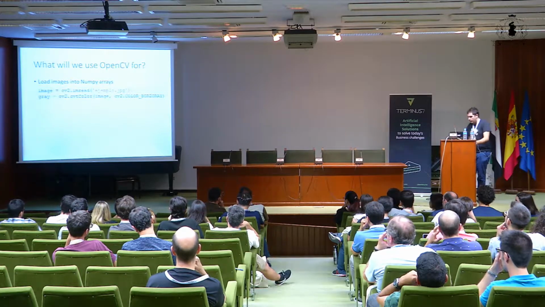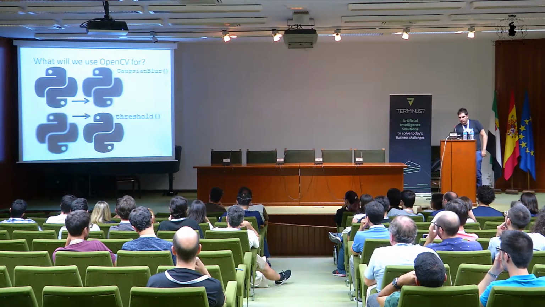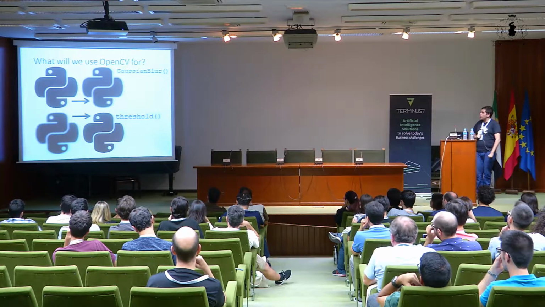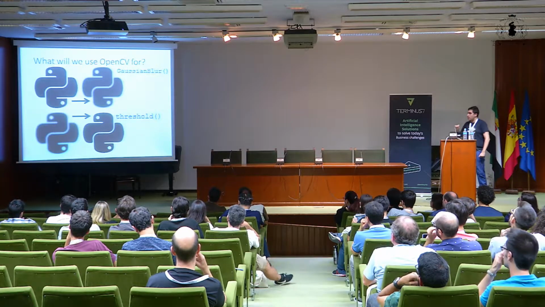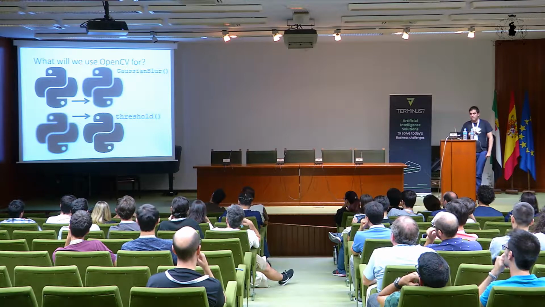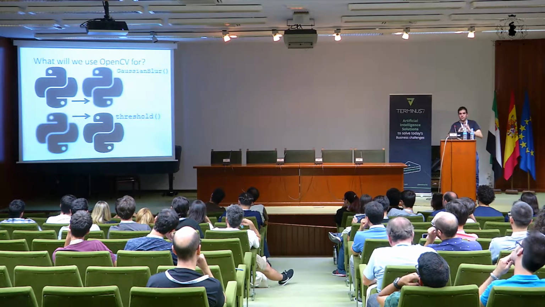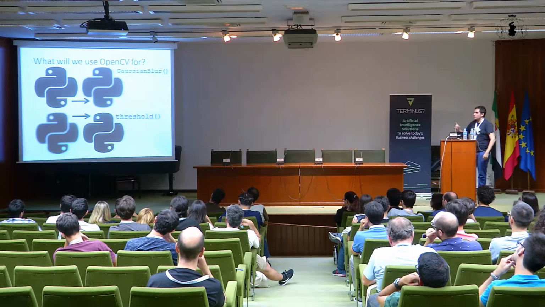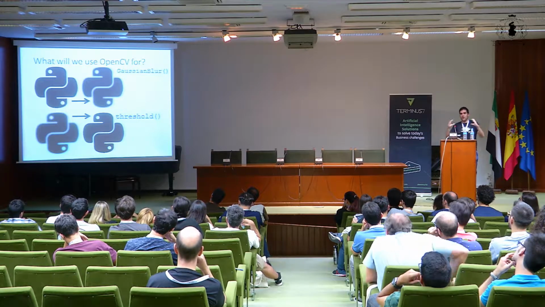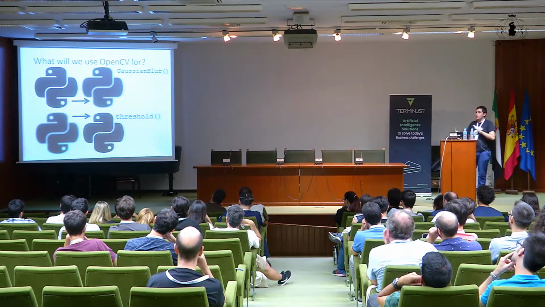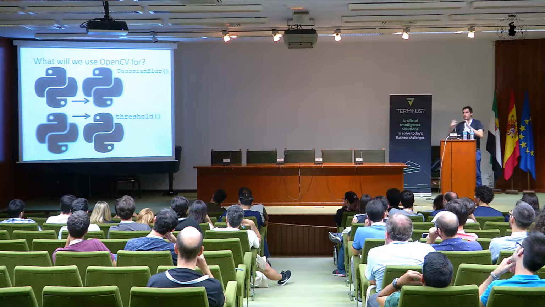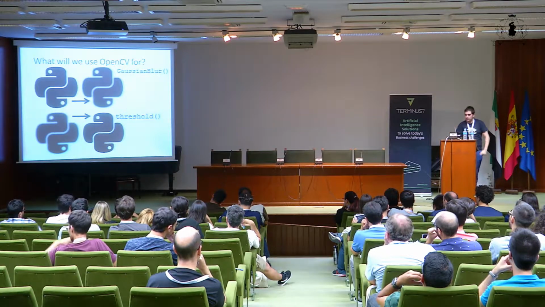Another 2 interesting functions that we are going to use are blur, in order to diffuse the image, and threshold, which allows us to sharpen the image or even binarize it in order to have either all white or all black.